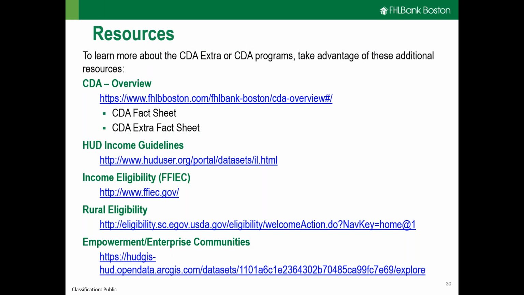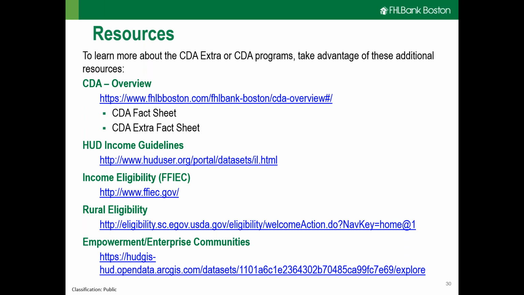The questions could also incorporate these resources that are available to you. I did attach the fact sheets that are noted here in this presentation, so feel free to grab them while the screens are still engaged. In addition to the fact sheets, it has more detailed information on eligibility for CDA and CDA Extra. We also have provided links to the HUD income guidelines for the residential activities, the FFIEC for economic development types of activity, and then rural eligibility.